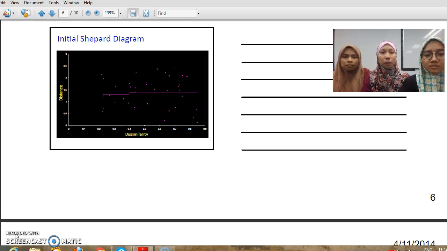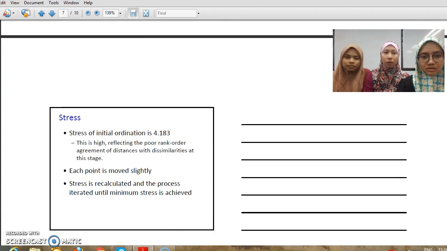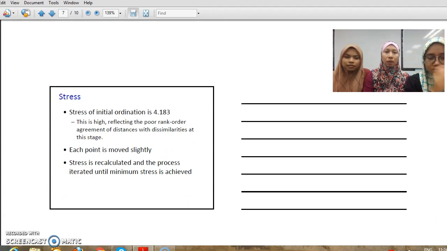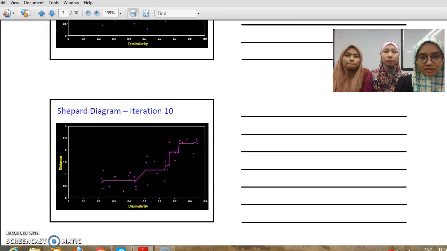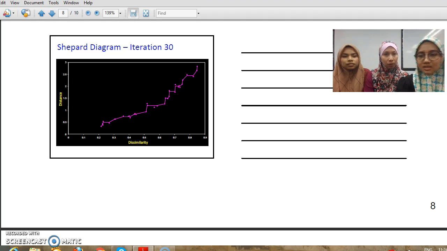From this monotonic regression line, we find the stress based on it. Next, we recalculate and the process is iterated until the maximum achievement. It means we repeat the process until we get the minimum stress, which is at iteration 30.